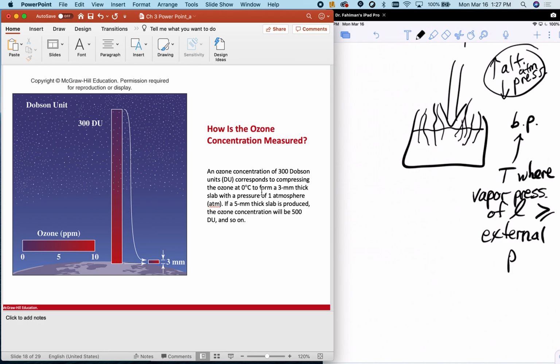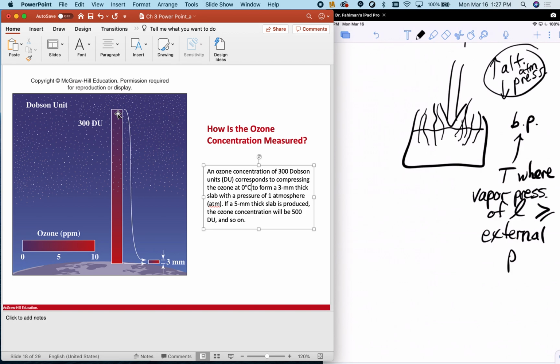So for instance, if you compress ozone at freezing, so 0 degrees Celsius, to form a 3 millimeter thick slab with a pressure of 1 atmosphere, that's 300 Dobson units. And if you had 500 DUs, then that's a 5 millimeter thick slab, etc.